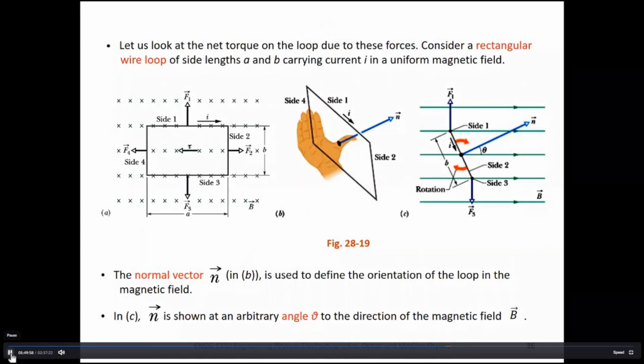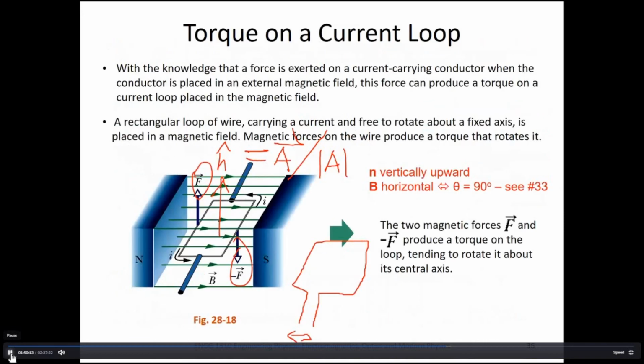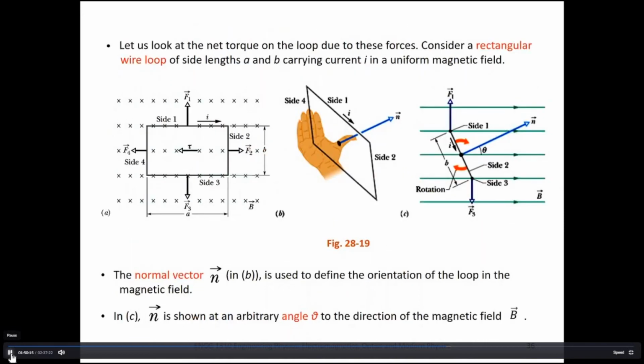Firstly, we don't want to look at the three-dimensional picture; we just want to look at it in a planar way. So we have the rectangular loop, and this one is taking a look from the top of the loop, so that we have the four forces: F1 on side 1, F2 on side 2, F3 on side 3, and F4 on side 4.